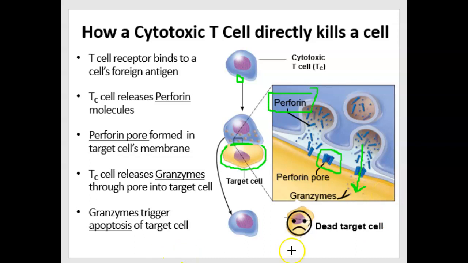And those granzymes will start degrading molecules on the inside of the cell and trigger apoptosis, which is known as programmed cell death. And so then what you have is a dead target cell.